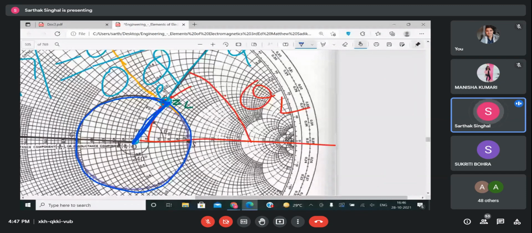What is this? This is a constant reflection coefficient circle, right? So when you draw the circle, it will intersect the line OP.